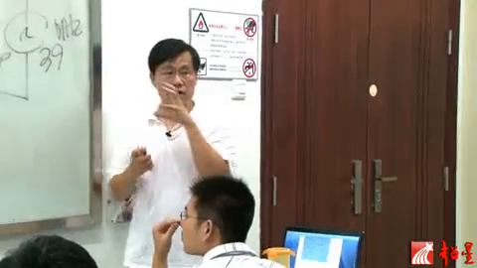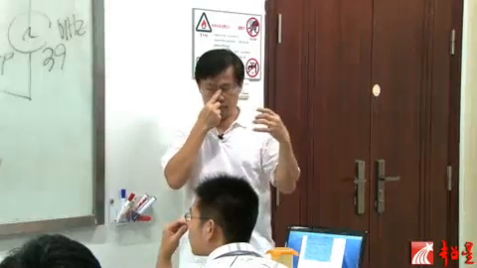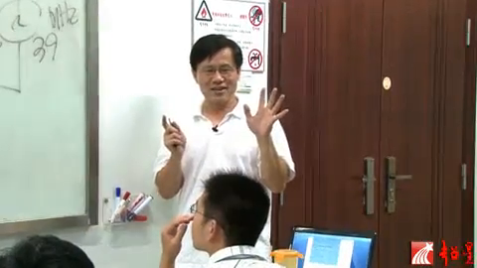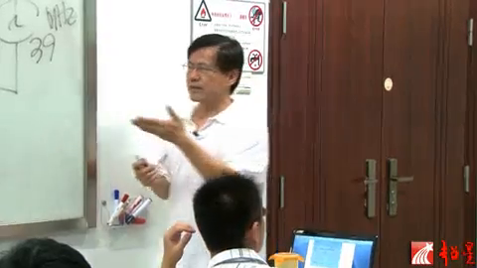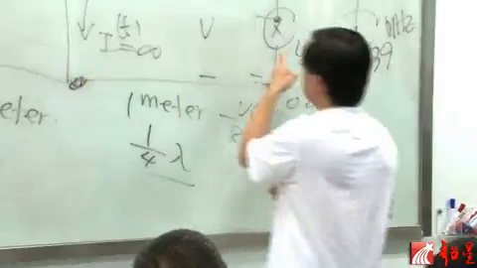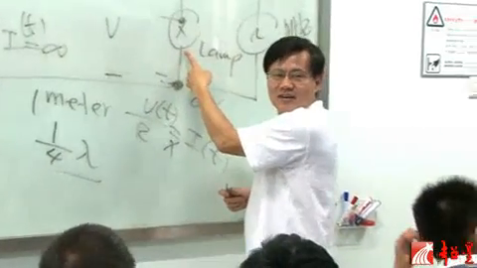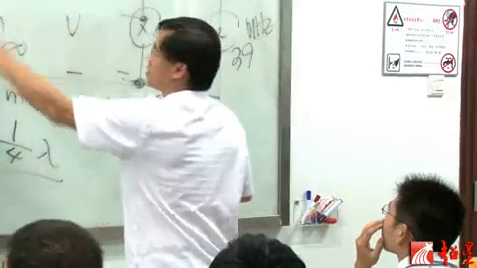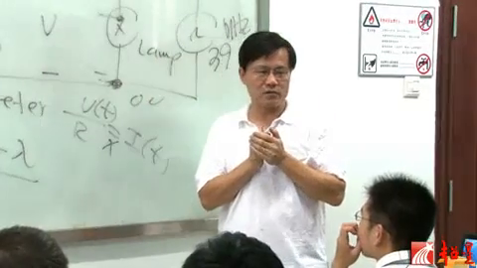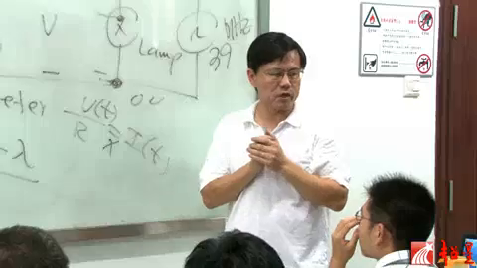This is the first concept I want you to learn, because it's really different from circuit theory. You can see your circuit theory does not apply anymore. You put a short circuit here, that light bulb is on. You put an open circuit here, that light bulb is off. That's not your circuit theory, because it's wave propagation.